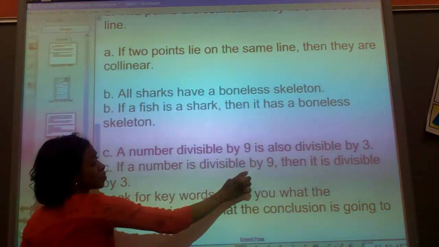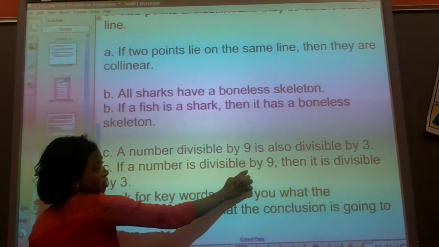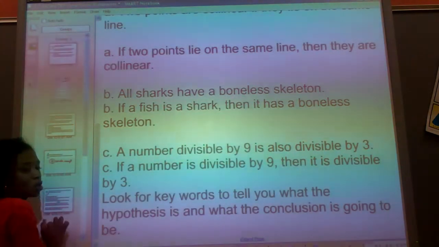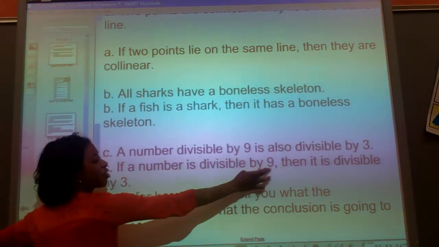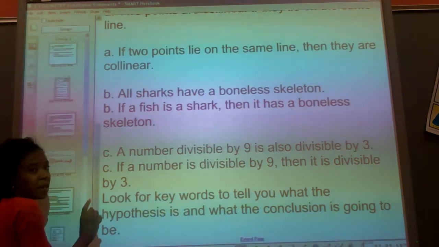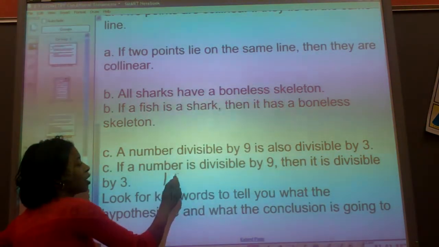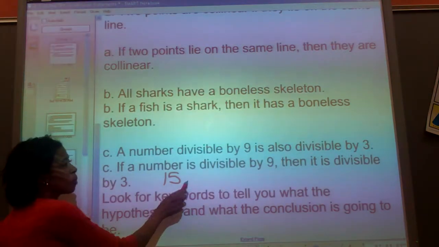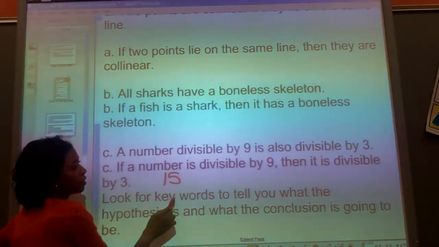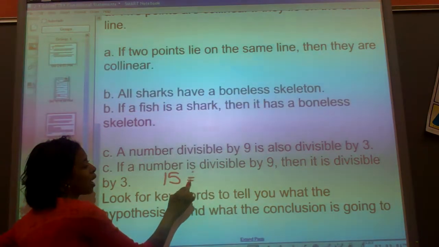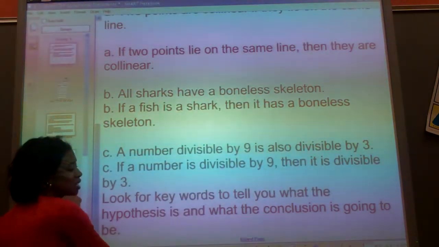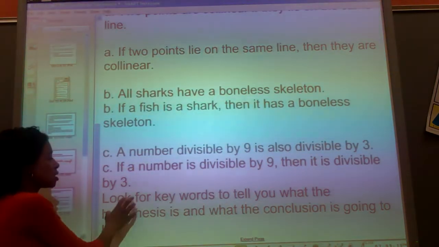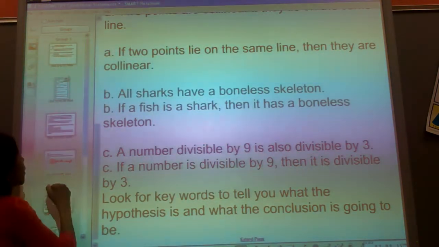We had to write the 9 first as the hypothesis, and then the 3 is the conclusion. Because if we write it the other way around, as I stated, if a number is divisible by 3, then it's divisible by 9, it's false. Because 15 is divisible by 3, but it is not divisible by 9. So we have to be careful. But look for keywords, test it out, and if something comes out false, then you know it goes the other way around.